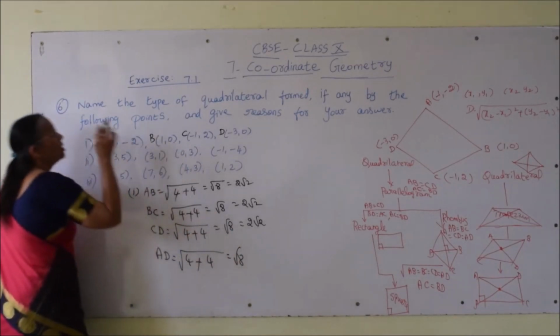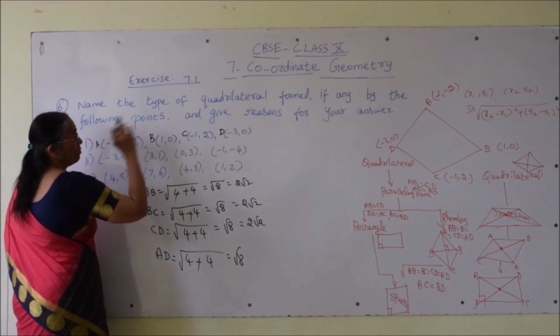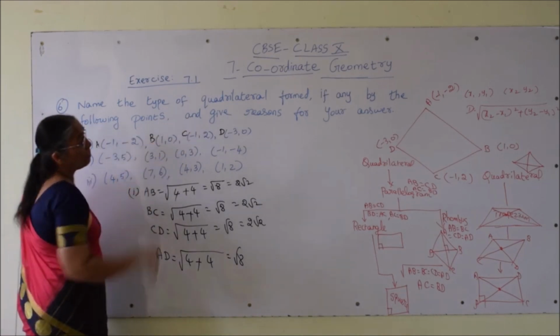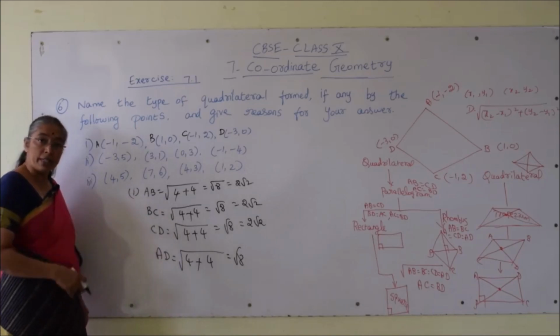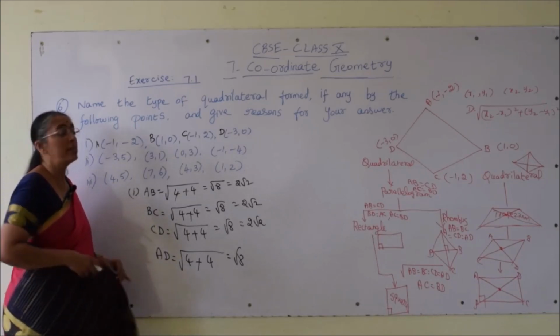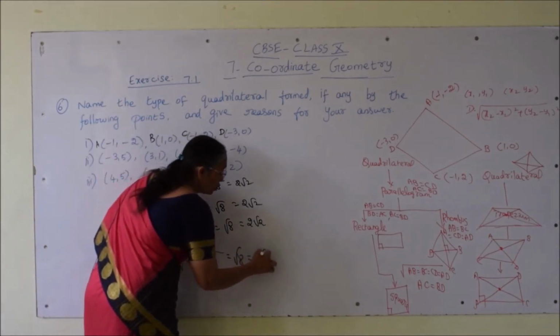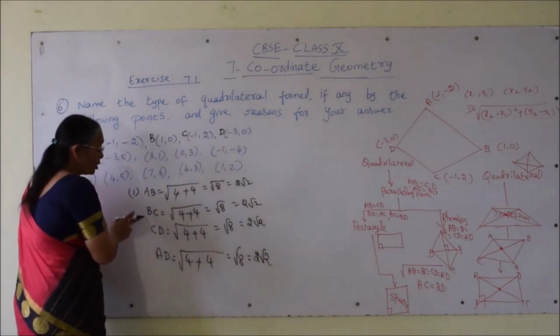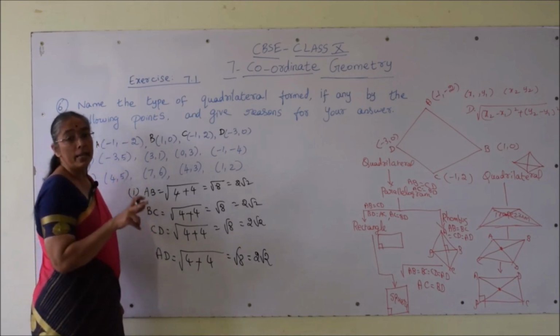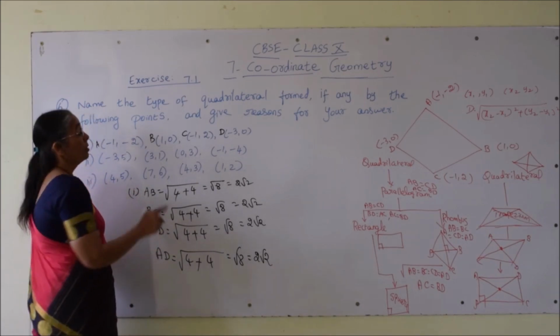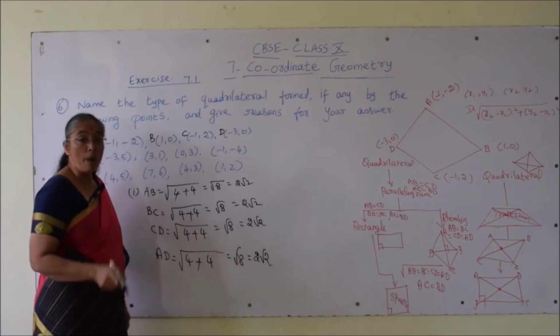Here for the AD distance, instead of x2 minus x1, I used x1 minus x2. Since it is a perfect square, we can do either x2 minus x1 whole square or x1 minus x2 whole square, both are the same. So, 2 root 2. Now, all the four sides are equal. AB equals BC equals CD equals AD. So, it is forming a rhombus.